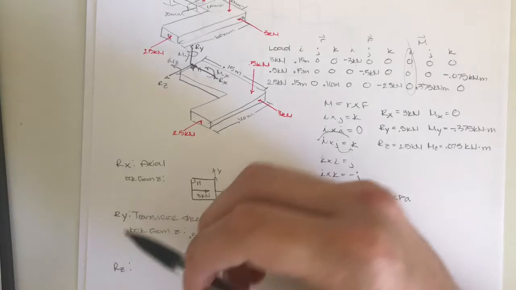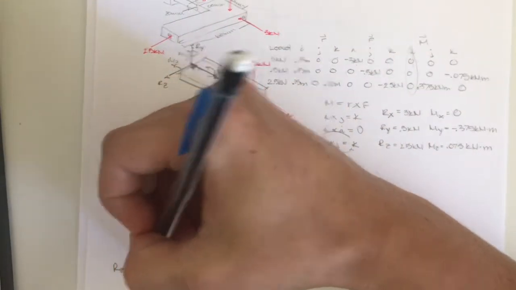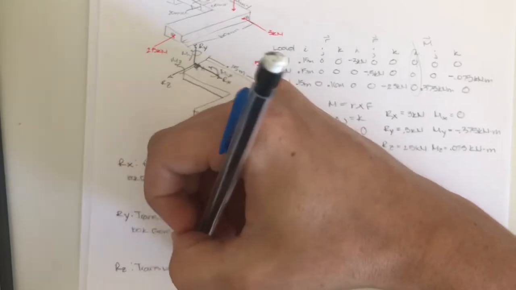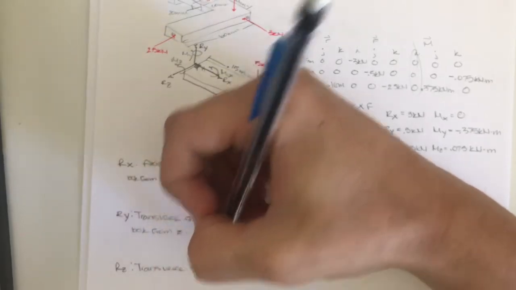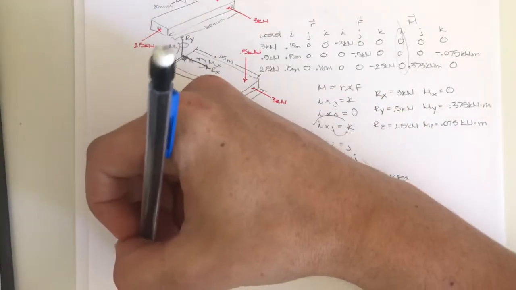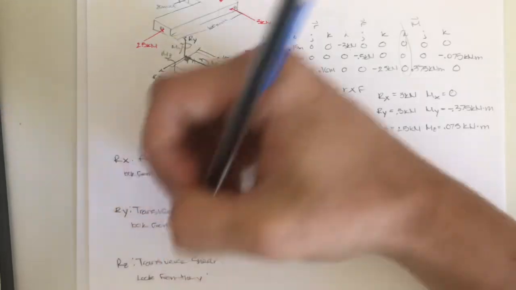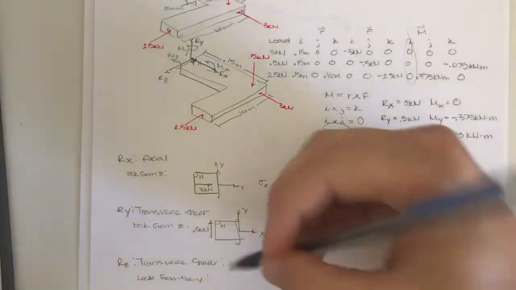Okay, so now we are going to do the reaction in the Z. So we have another transverse shear right here. We are going to look from the Y this time. Okay.